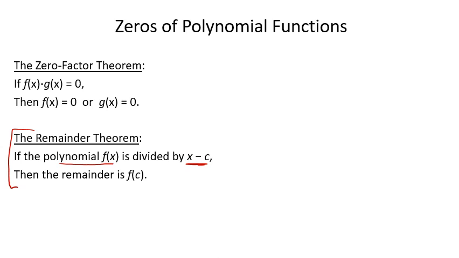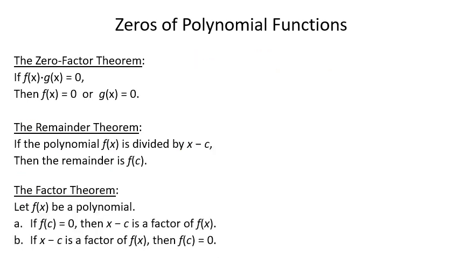So what we're looking for are values of c that when we plug them into our function, we get a 0. So what we're actually looking for are numbers, which we're going to use for c down here, that when we divide, we get a remainder of 0. And once we find remainders of 0, then our next theorem, the factor theorem, comes into play.